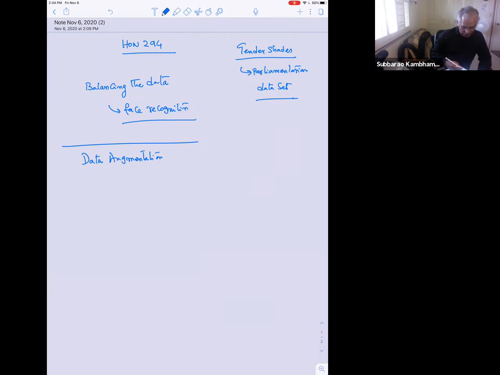Suppose you only have 100 photos of cats. I know that really there's no dearth of cat pictures in the world, but act as if there are only 100 pictures of cats that you found, right?